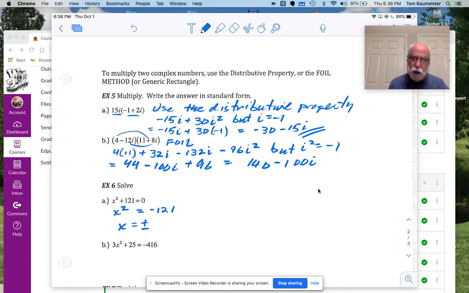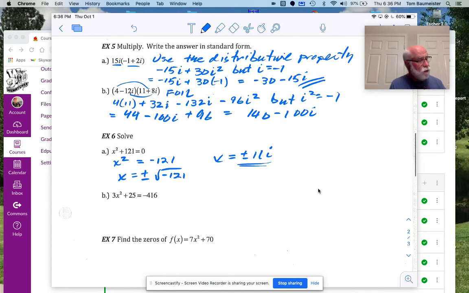We're in algebra 2 now, so we're going to put the plus and minus in front of it. And that will give me the square root of negative 121. And remember, I can now write that as plus or minus 11. And I have that negative under the radical sign. So that would just be i.